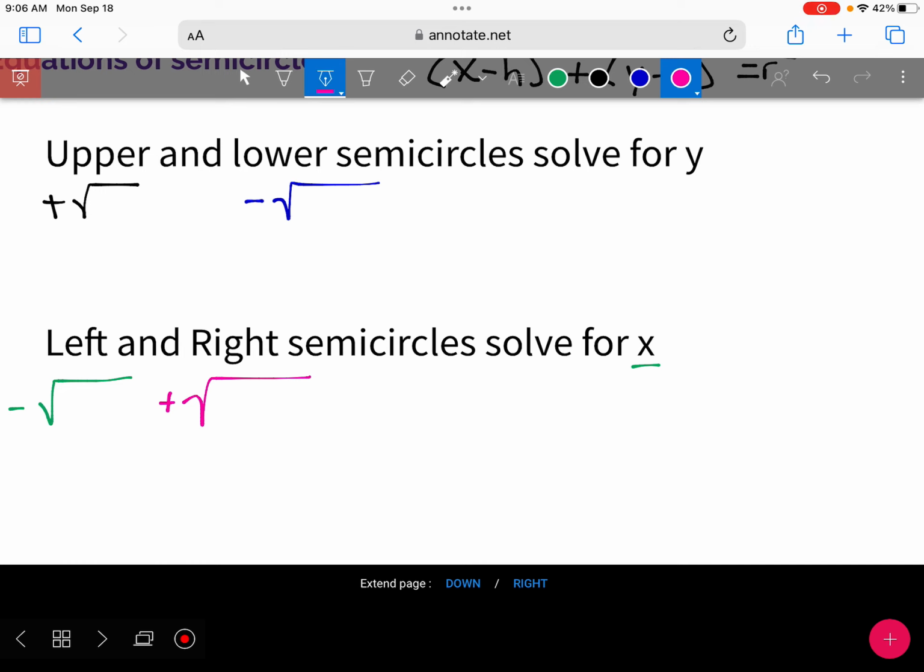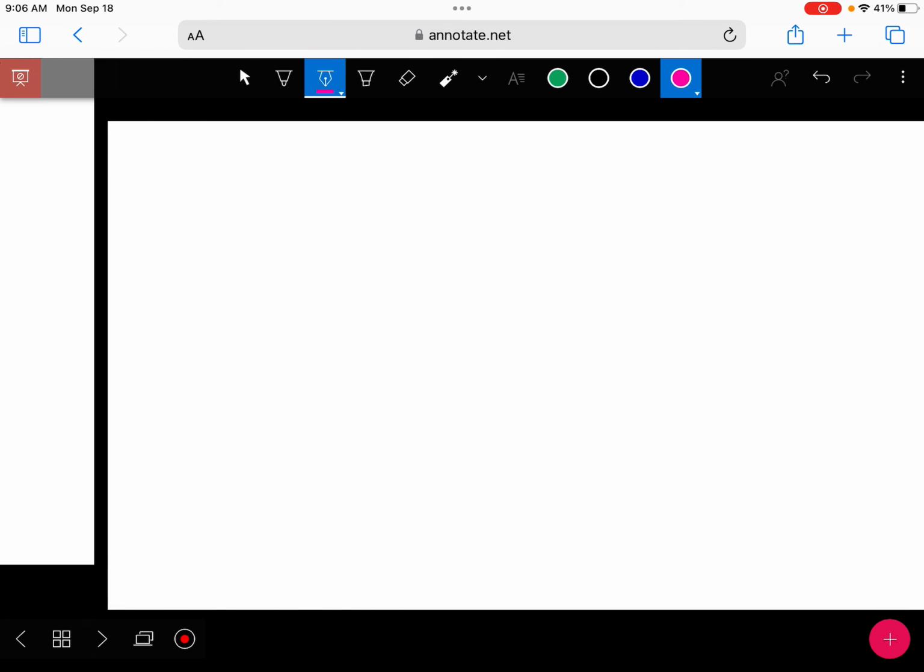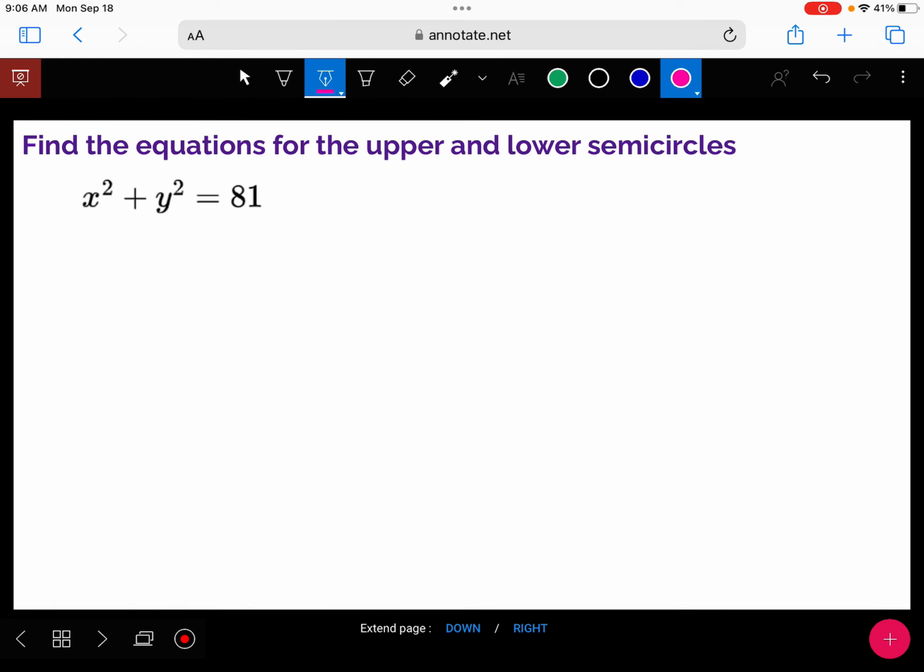So the first one we're going to do, once you get done with this, is x squared plus y squared equals 81. And what we're going to do is find upper and lower semicircles for x squared plus y squared equals 81.